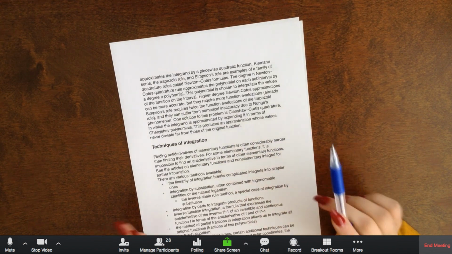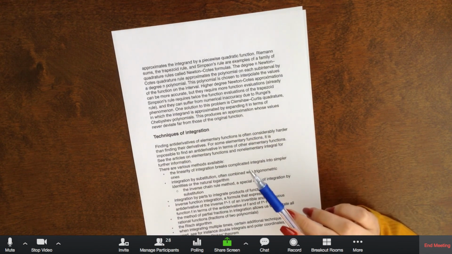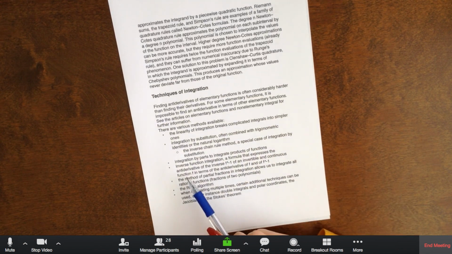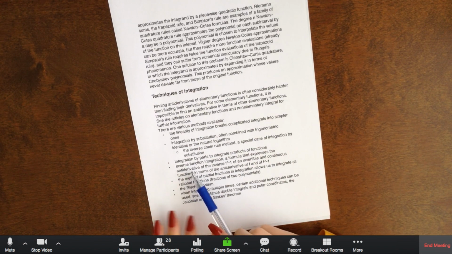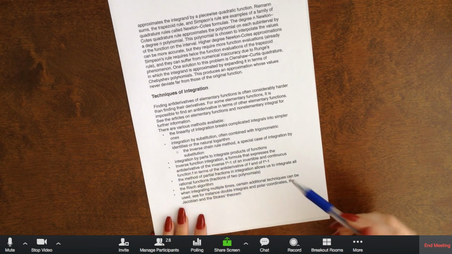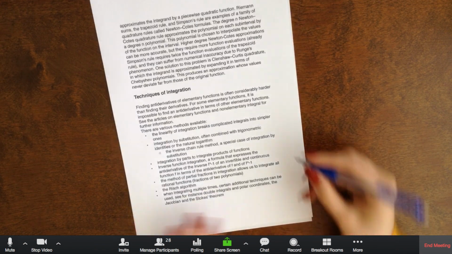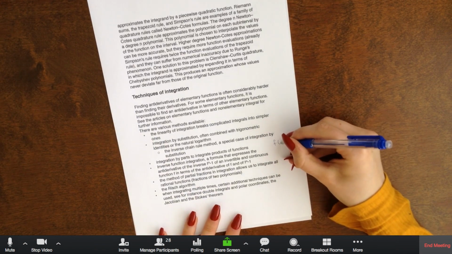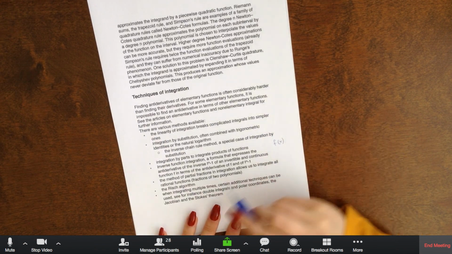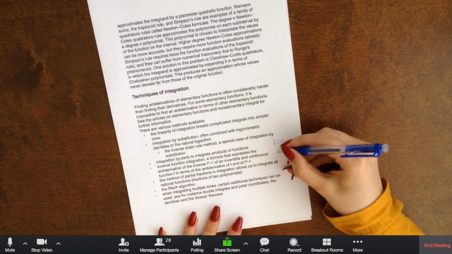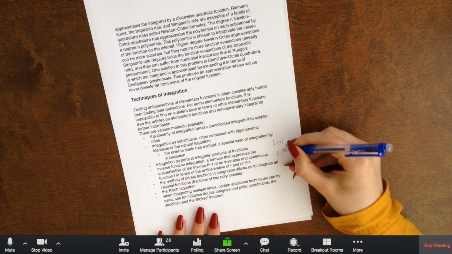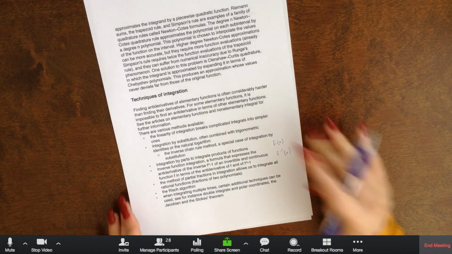We will skip this part, however, I would like to point out that here we also discuss the antiderivative, so the inverse. So if we have the function f, its antiderivative like so.